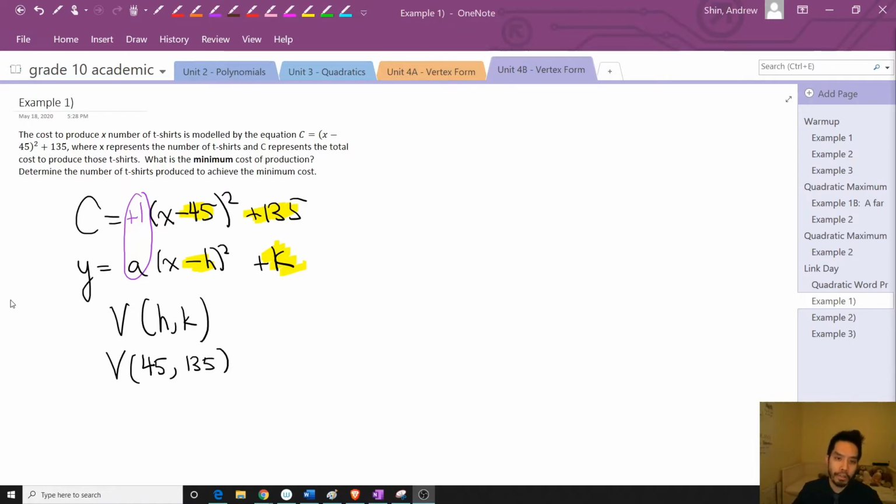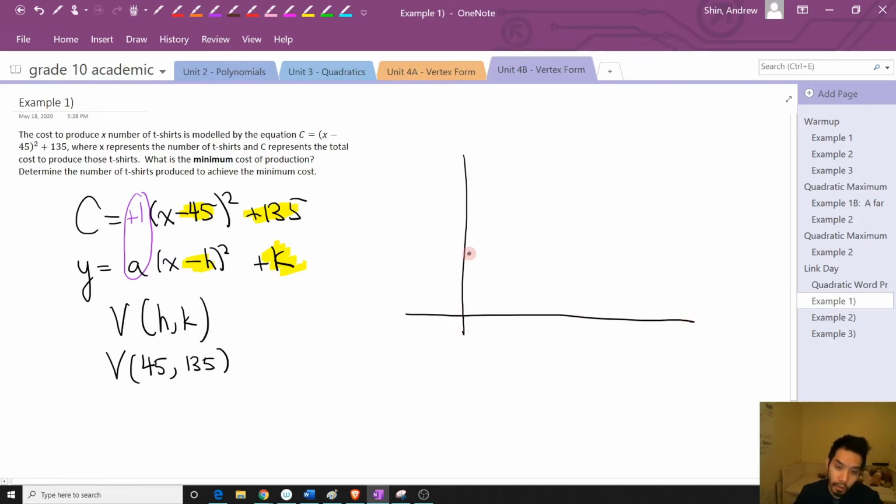Okay, so we're going to graph this now, since we already know all those values. So let's get that y-axis and x-axis, except they're not actually called the y-axis. Instead of y, we have a C, which is the cost to produce the t-shirts. And instead of x here, oh, we still have an x. This is x, and x is the number of t-shirts.